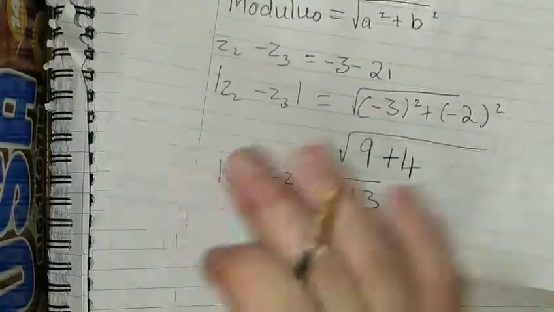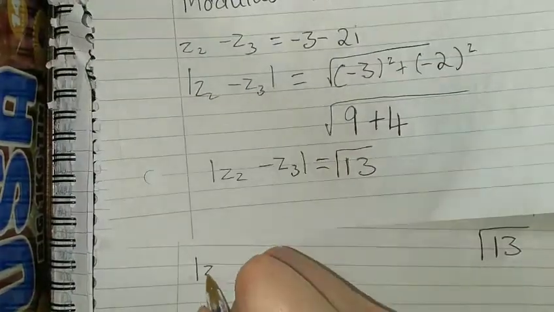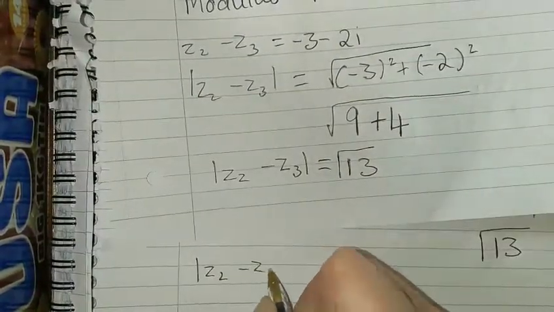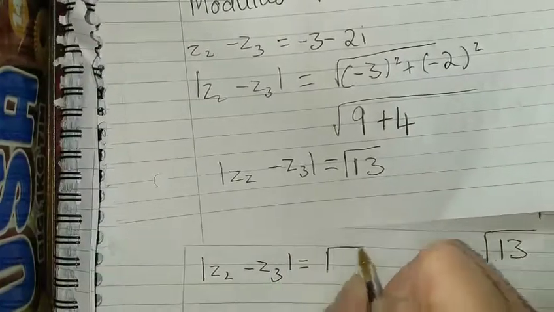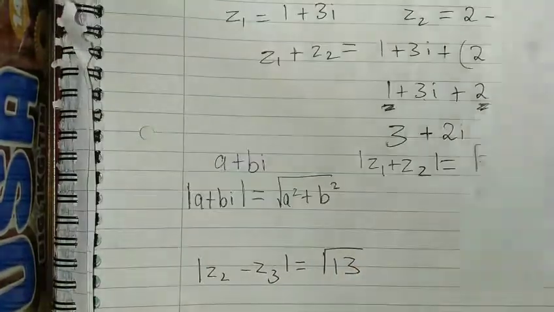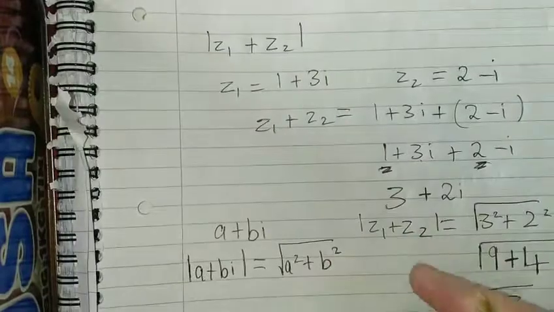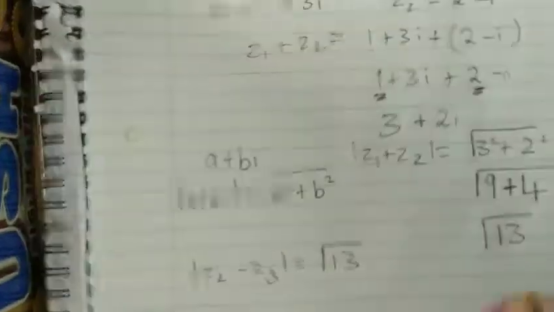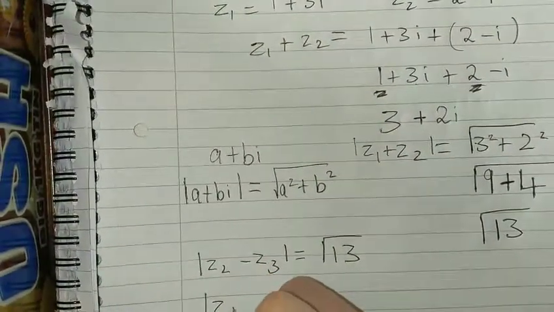So for the last one that we just did, we got that the modulus of z2 minus z3 is equal to the square root of 13, and now we got that the modulus of z1 plus z2 is equal to the square root of 13.